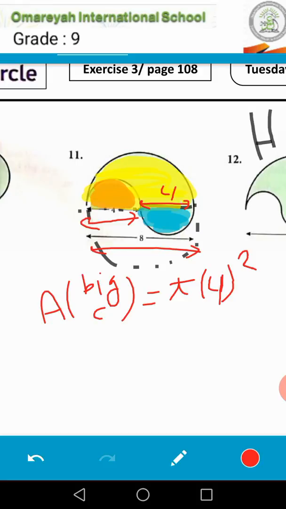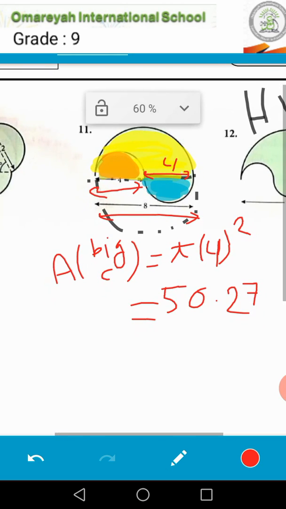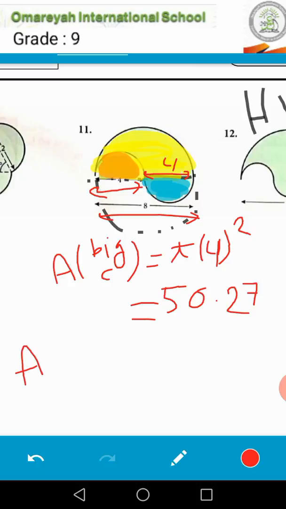Okay, 4 squared is 16 pi, you get 50.27. This is the area of the yellow circle. Now give me the area. So we need to divide this by 2. Yes, leave it as the last step. Let's find the area for the small circle.